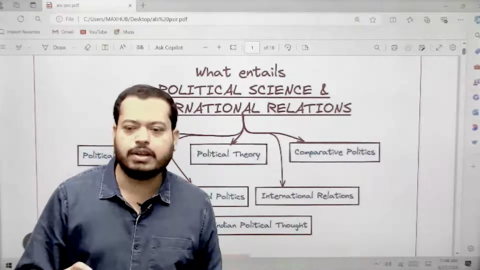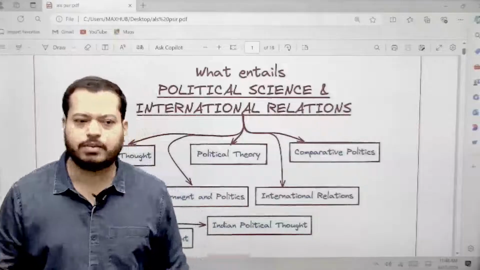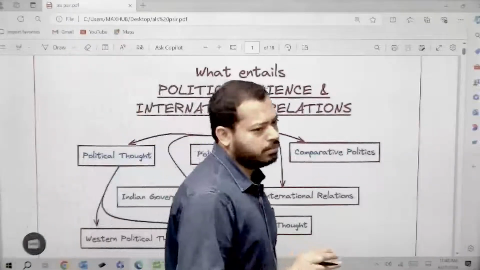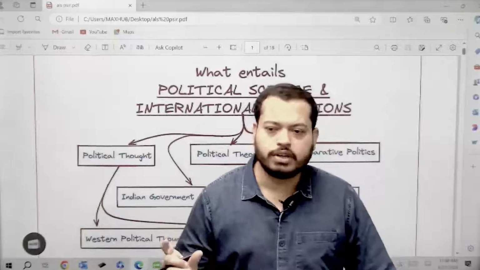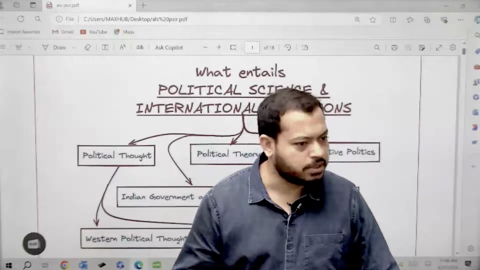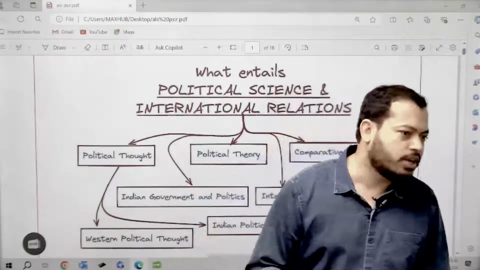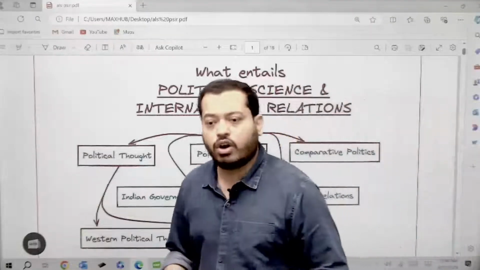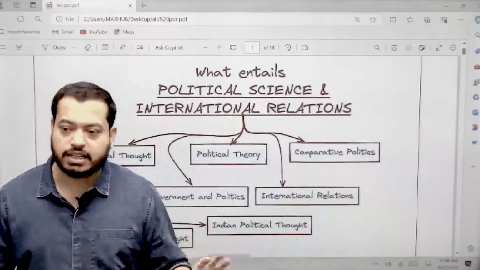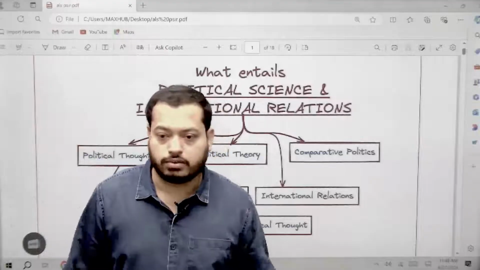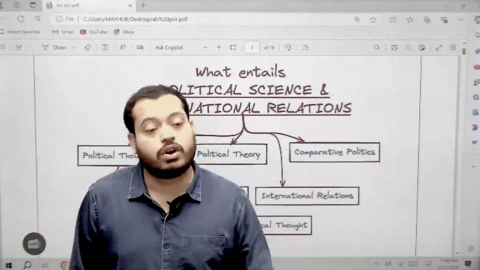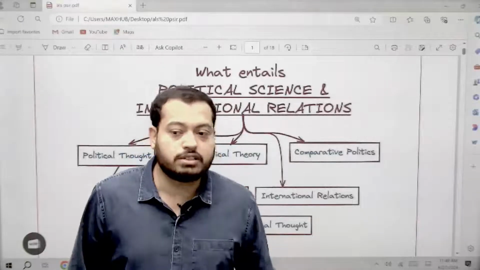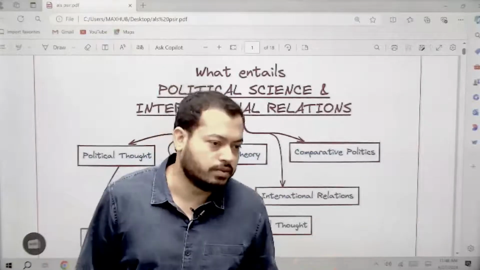Things are written in a very broad way, and that is something which not only UPSC but the Government of India does all the time. Whenever you see any government approved defined syllabus, whether by NCERT or UPSC or any other government institutionalized channel, you will always see that they talk in a very broad sense.